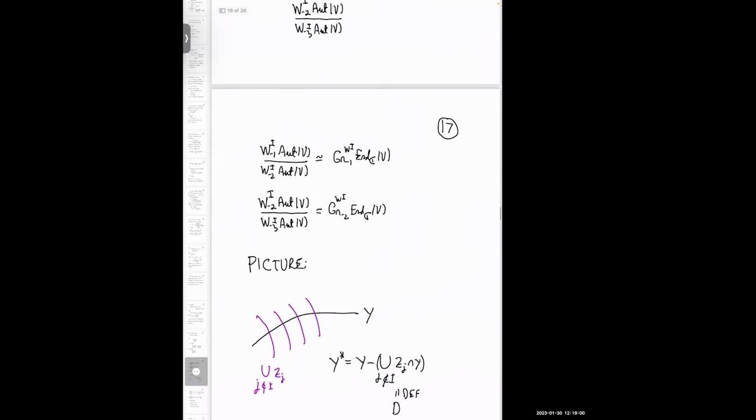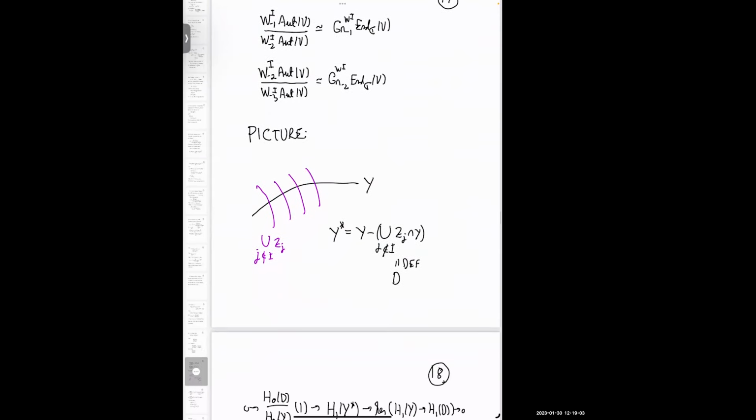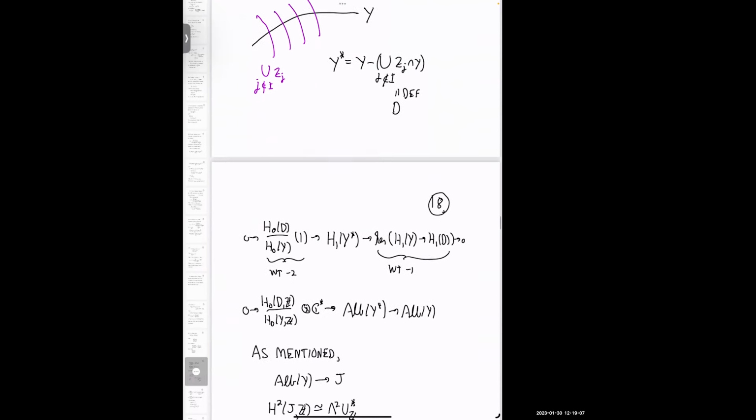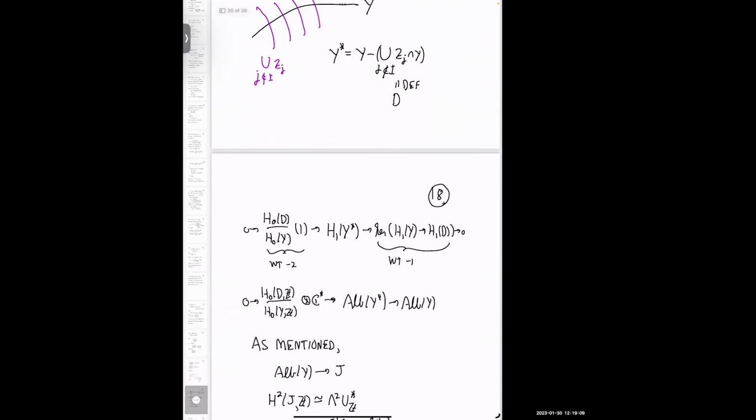The upshot is if you have this y and you take out the intersection with the zj's, then H1 of this has two pieces: the stuff coming from H1 of the complete variety and the stuff coming from the punctures.